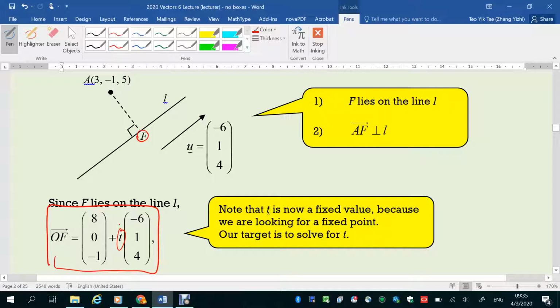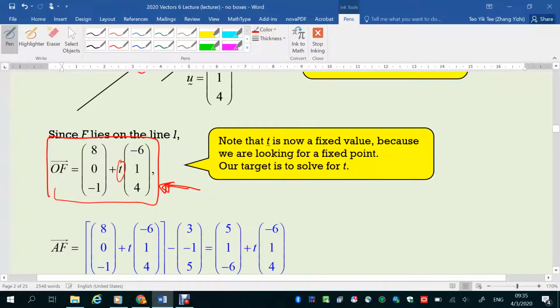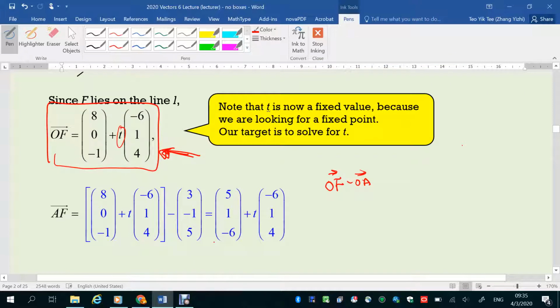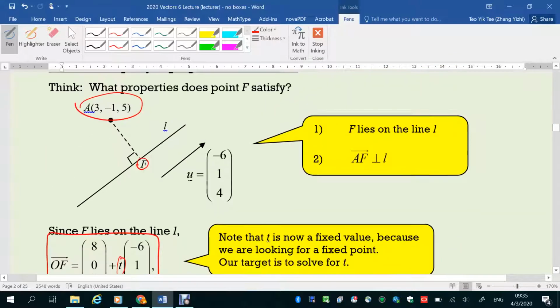So OF is equal to this formula for a specific T, a position vector. Can I find AF? AF comes from OF minus OA. This is OF, this is OA. Putting in everything numerically, this is AF.